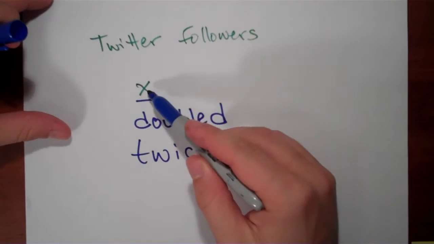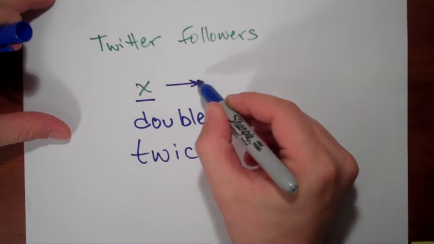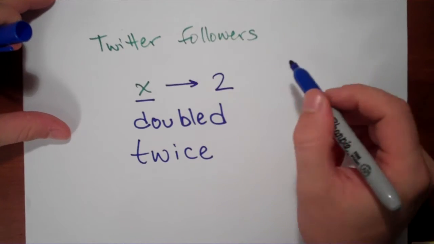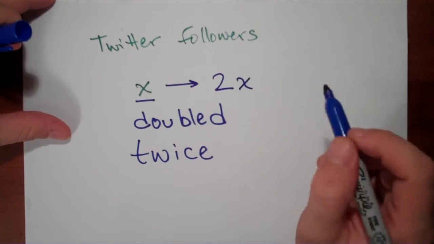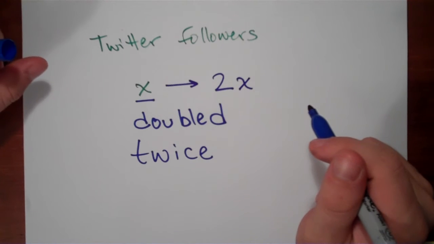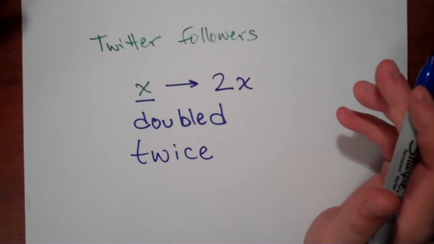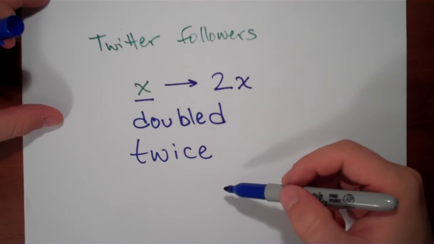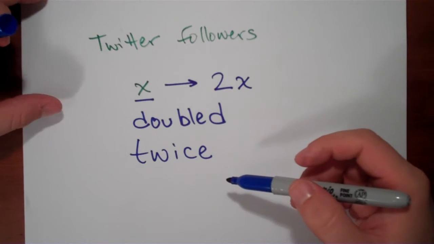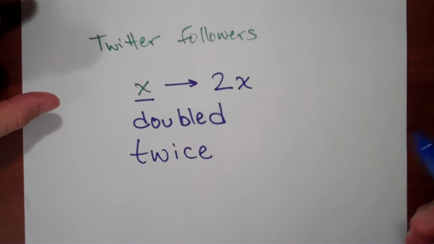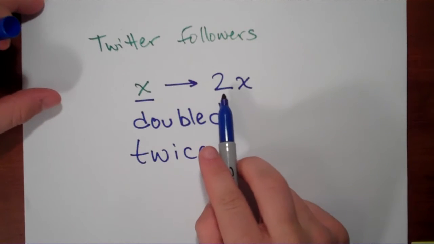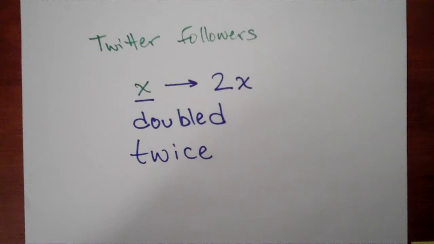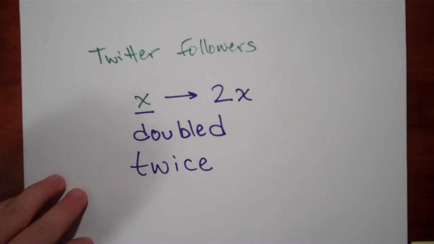So you started with X and now you have 2 X's. X times 2, or 2 times X, would be how you describe this relationship. She started with X Twitter followers and she doubled it. So she started with X and now she has 2X. Okay, and that's all they're looking for in that problem, is for you to change it to something algebraic.